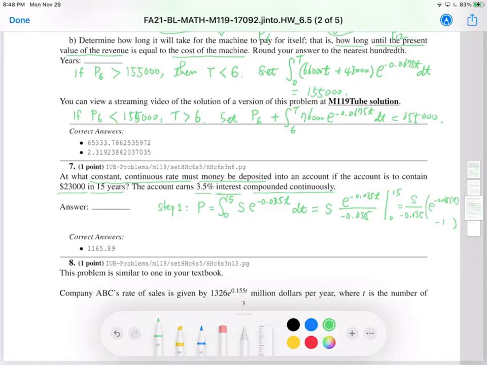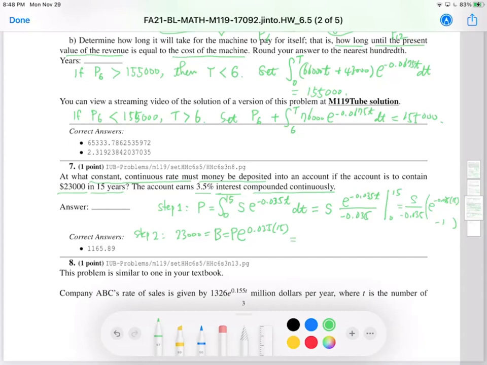Okay. Then step 2. Using this, let's compute the future value, which we want to be 23,000. F equal P times e to the 0.035 times 15, 15 years later. So set this equation.